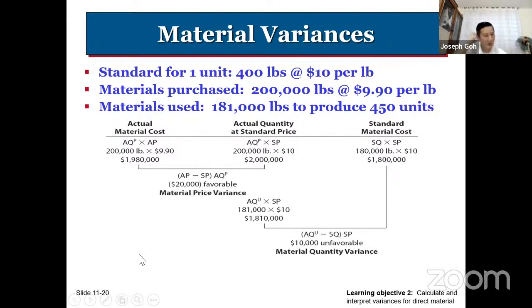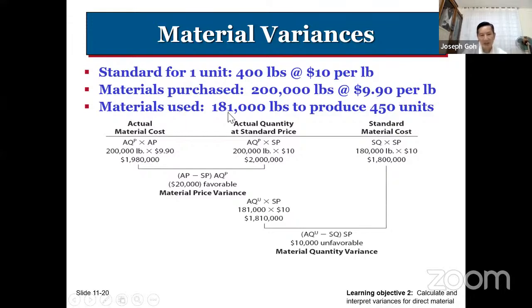You don't have to find further answers, because all the answers you can find from this explanation. So material variance again. The standard for production of 1 unit is 400 pounds at $10 per pound. Material purchase is 200 at 9.9 per pound.